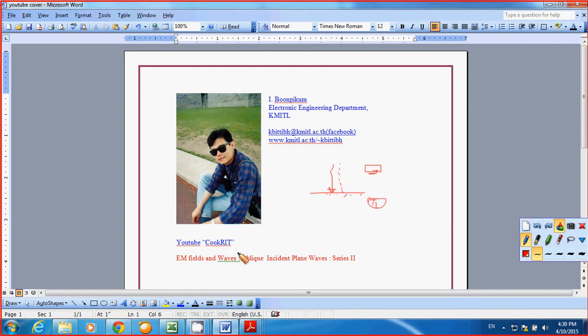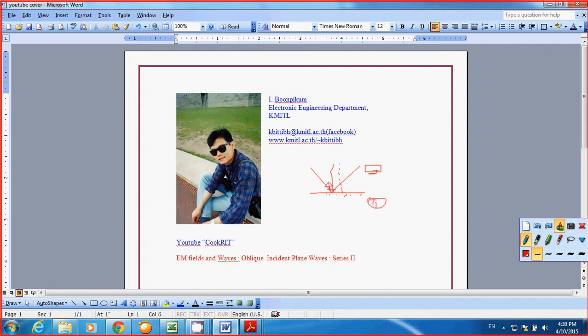But this one is more complicated, because the wave incident on the boundary is not normal to the surface, but has some angle of incidence, like this one here.